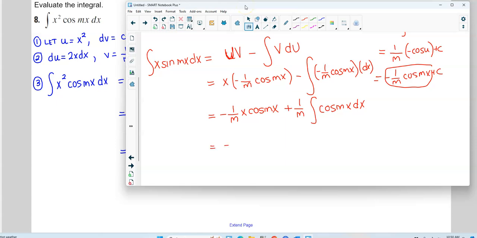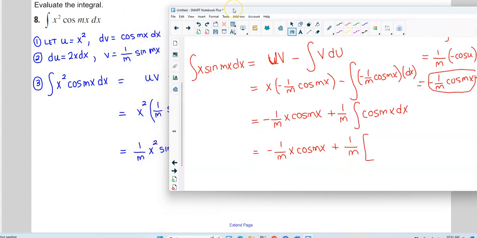So we would get negative 1 over m times x times the cosine of mx plus 1 over m times, again, 1 over m times the sine of mx plus c.